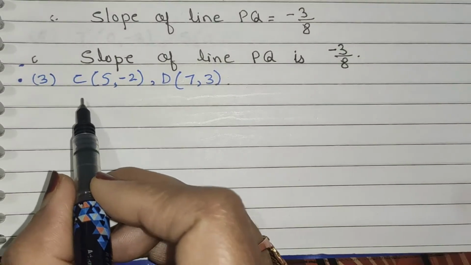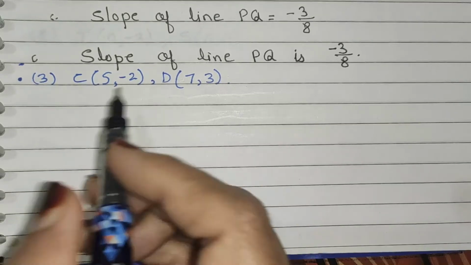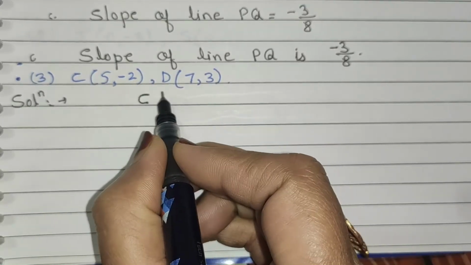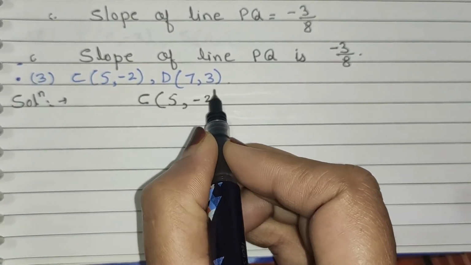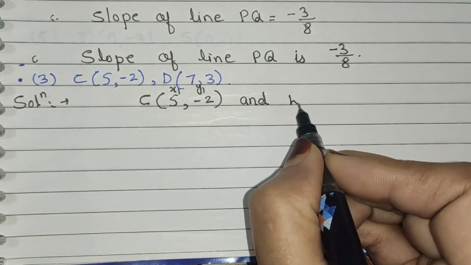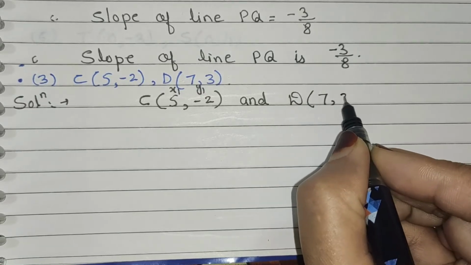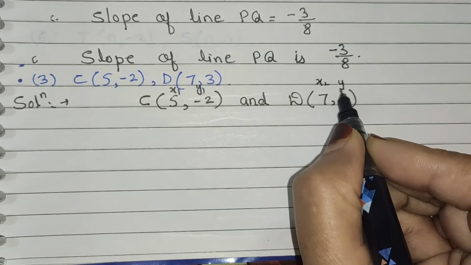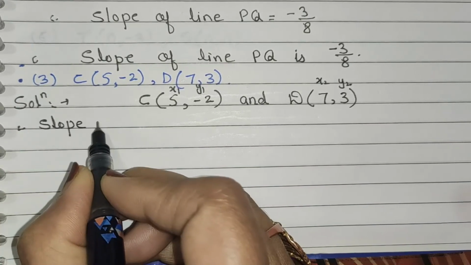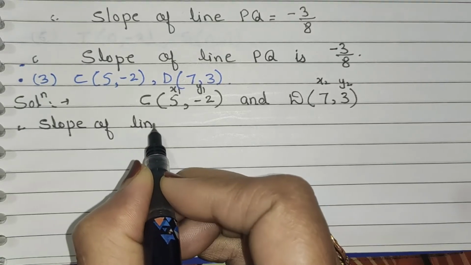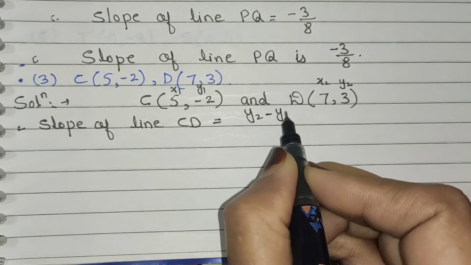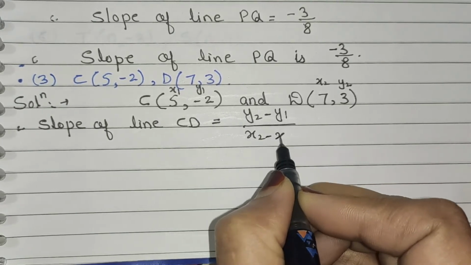Now, our aim is to find slope of line CD. Therefore, let us consider the coordinates of point C are x1, y1 and the coordinates of point D are x2, y2. Therefore, by using formula, slope of line CD is equal to y2 minus y1 upon x2 minus x1.